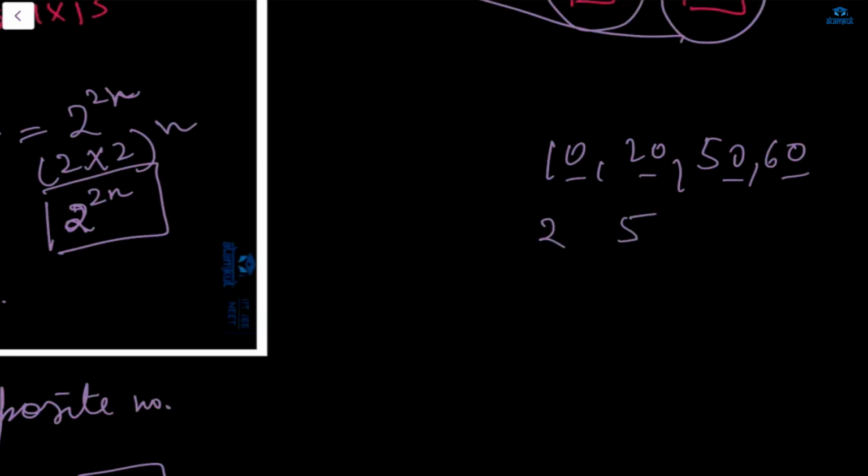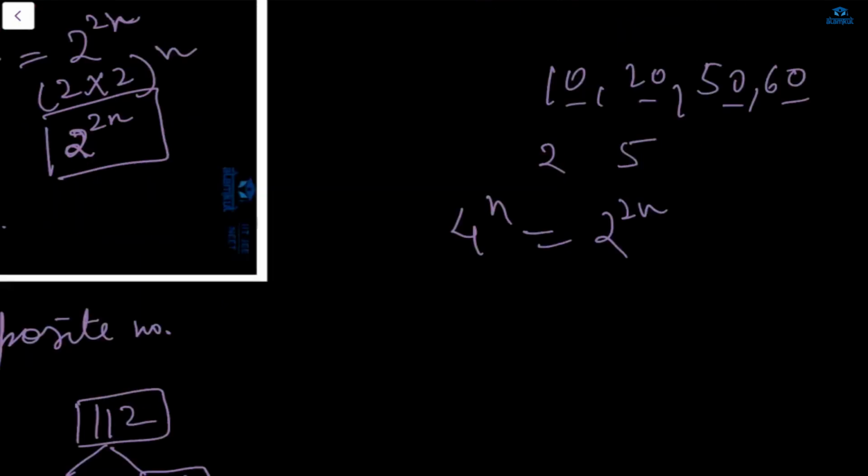Yes or no? Yes, ma'am. And 4 to the power n can be written as 2 to the power 2n only. So 5 you cannot see here. If it is ending with 0, that means 5 should be a factor of 4 to the power n. But we can see clearly that 5 is not a factor of it. That means this number is not ending with 0.